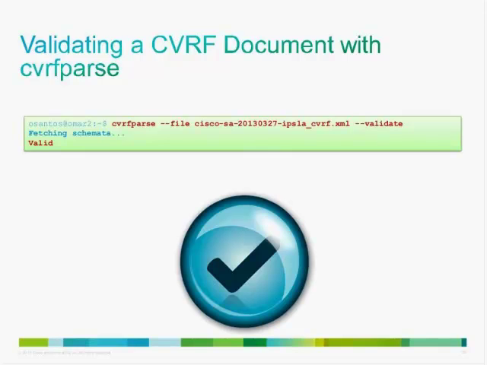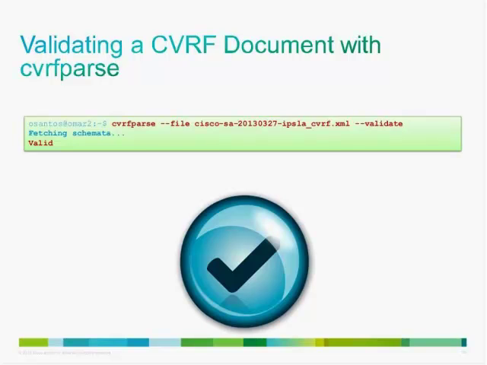Now, I would like to give you a high-level example, without going into too many technical details, of how you can use this tool to parse or even validate some of these documents. In this case it's a Cisco Security Advisory published in March of this year.